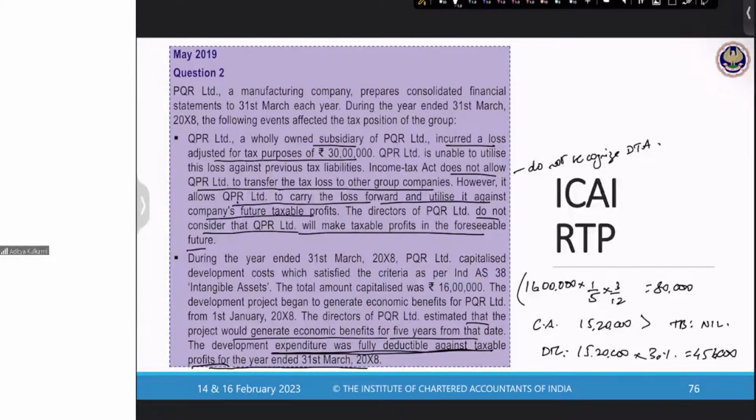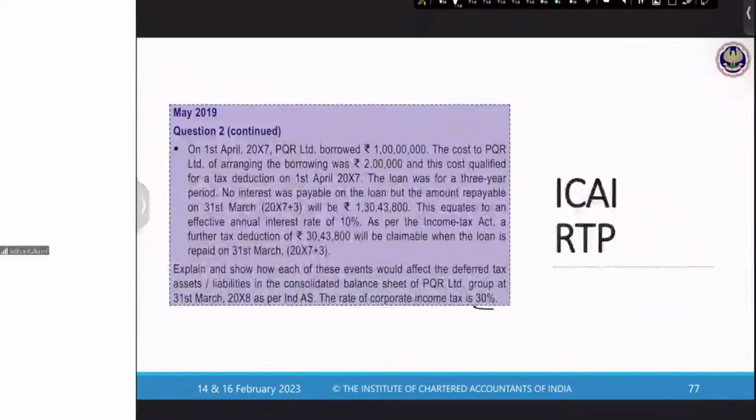That means what entry you will pass? Development expenditure account debit to bank in the tax books. So in the tax books, the asset will not remain. It's fully written off to the P&L. So tax base would be 0. DTA is not recognized since there is no virtual certainty. This provision is there in AS 22. So this is my question 2, part 2.